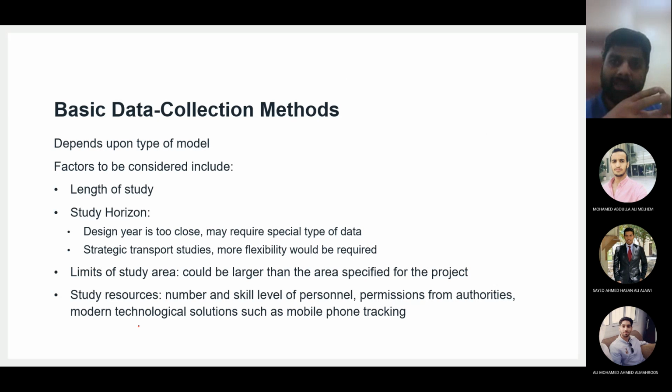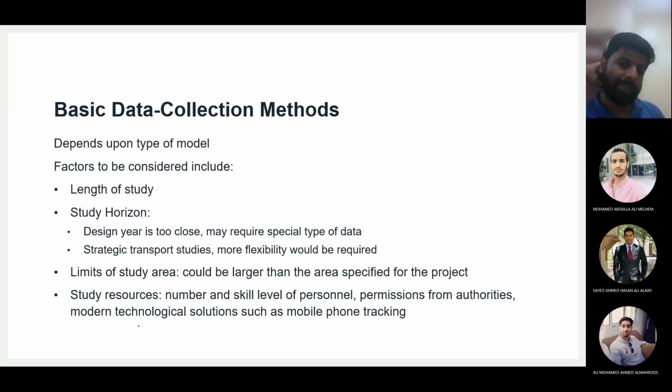So your study area may be larger than the area of the project, in many cases, especially for transportation studies, because people are moving, right? Even if you take an airport or a railway station or a railway line or a highway or a bridge, whatever, the area of the project will be most of the time smaller than the area of the study, because we want to study travelers who are coming even from different areas to my project.